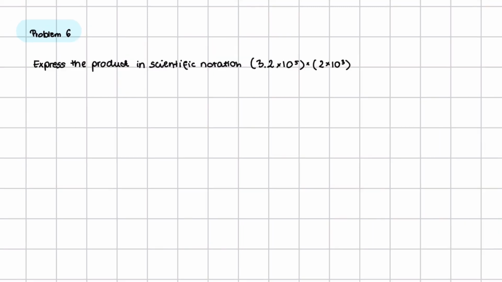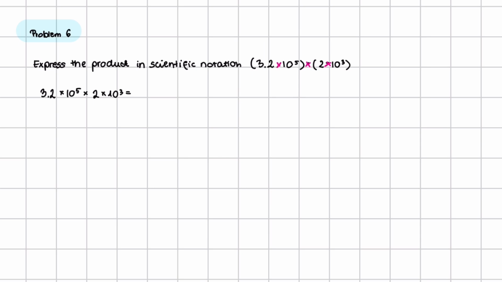Problem 6. Express the product of these numbers in scientific notation. And we can see that every number is multiplied by every number, because here we have multiplication. So basically we can rewrite it like this: 3.2 times 10 to the power of 5 times 2 times 10 to the power of 3.